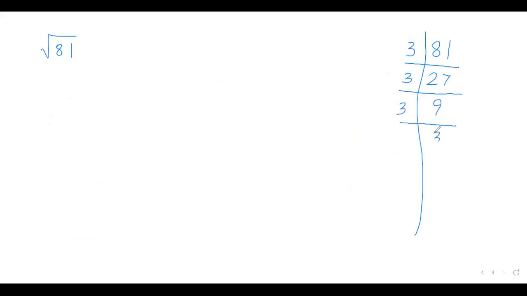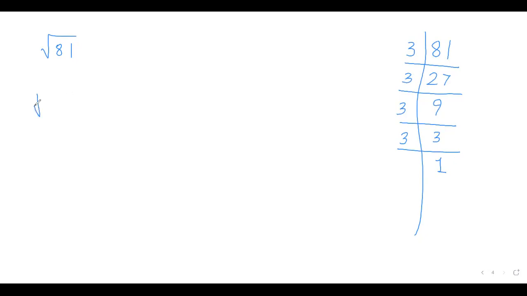Divided by 3, I get 9. Divided by 3, I get 3. Divided by 3, I get 1. I keep on dividing by prime numbers till I get 1, and then I stop. That completes my prime factorization.